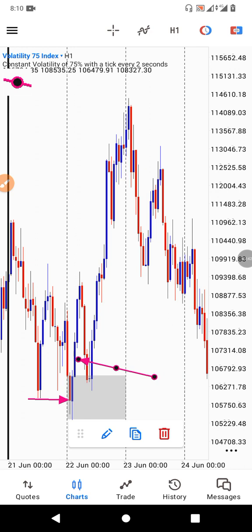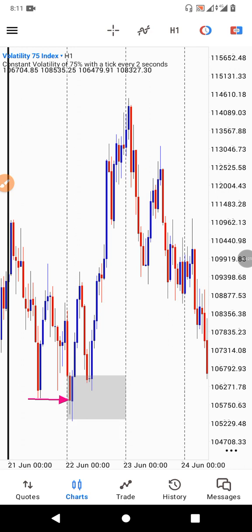You can do your research on it, but what it simply means is, this very candle here closed here, then a new candle opened over here, then another candle closed here, then another candle opened here and traded higher. Now we have a space from the low of this candle to the high of this candle. This space is what we call the fair value gap. It's like a gap, it's not filled, and it needs to be filled.